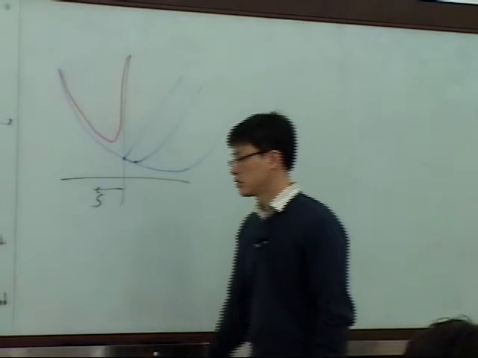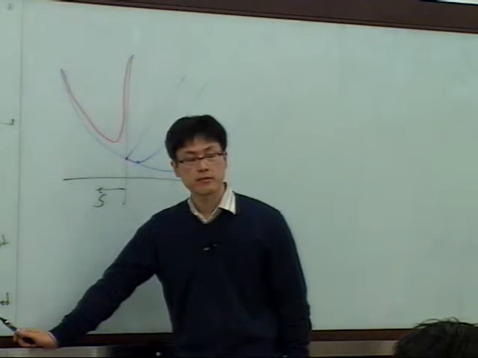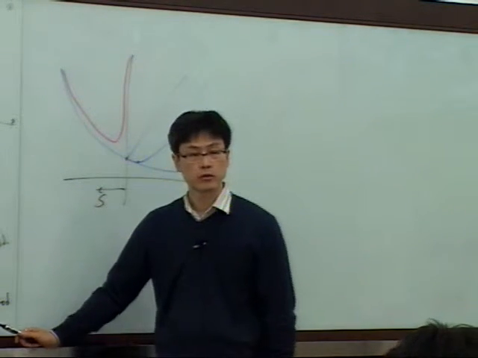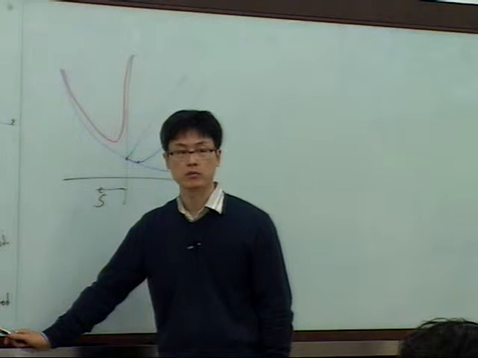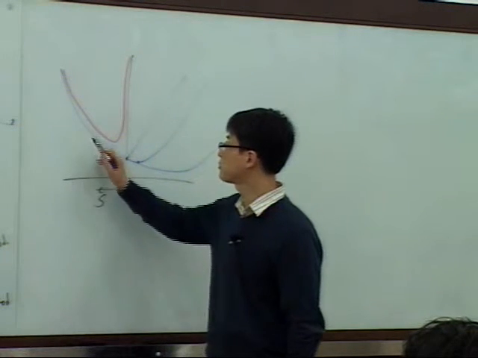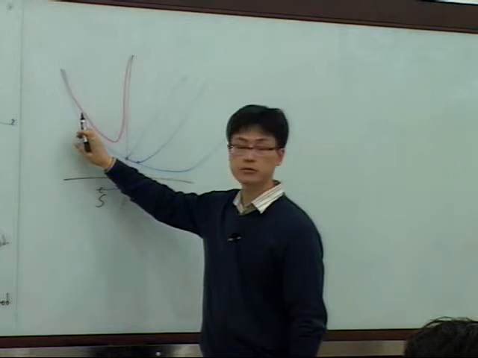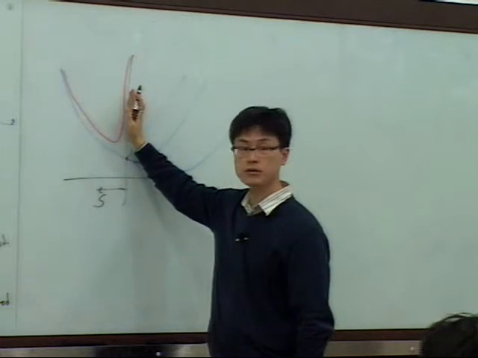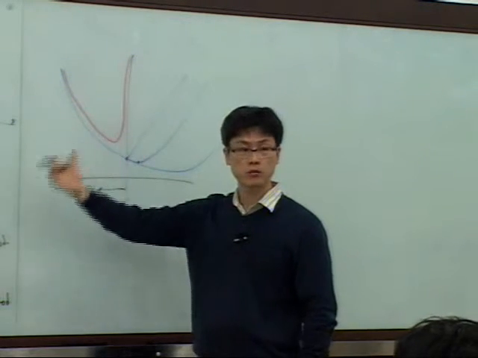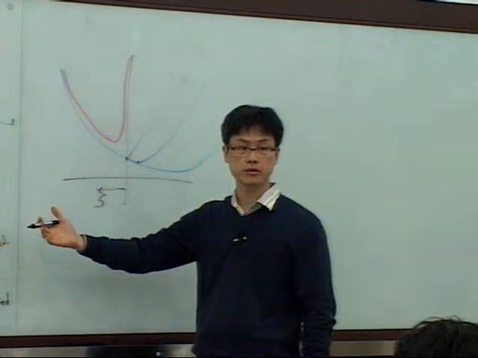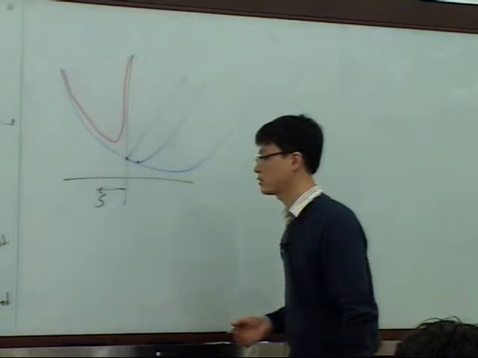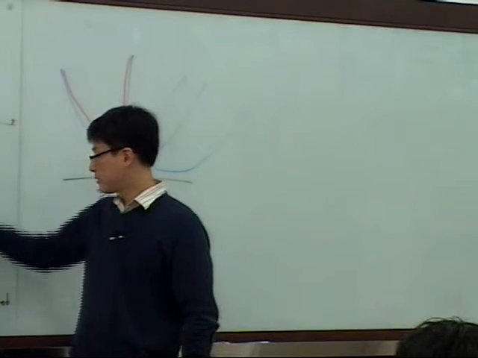If the constraint is satisfied, then we don't have to consider that constraint anymore. For example, if we are around in this region, we don't have to consider that constraint. It's just the same old unconstrained optimization. Okay?